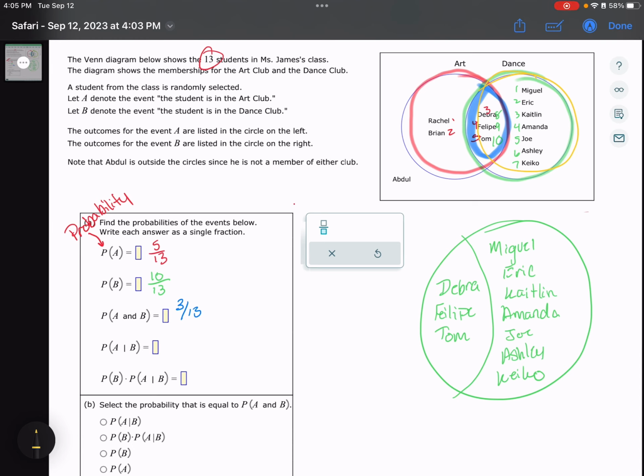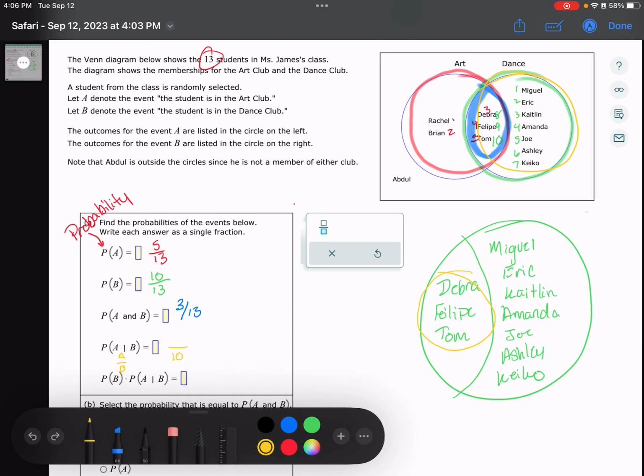So if I rewrote this, it's kind of like A over B. So I have 10 people, and then 3 of them were in that A part.